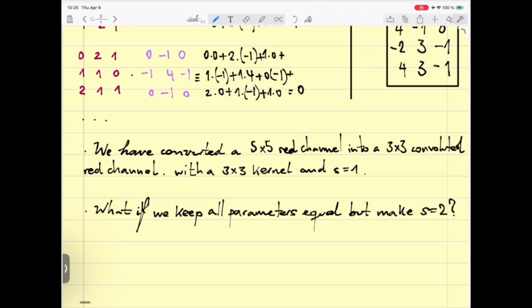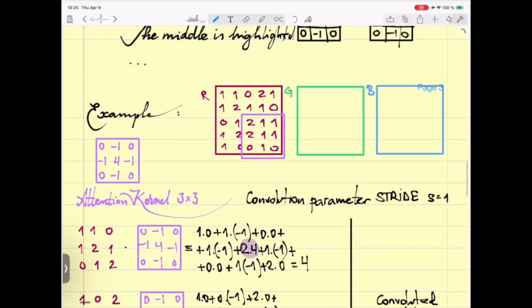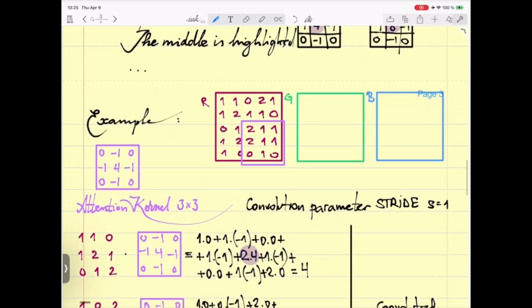Okay. So now what we would have is this same problem.